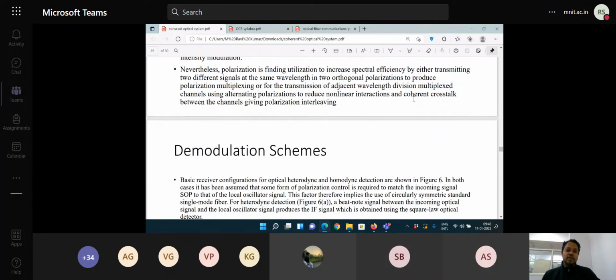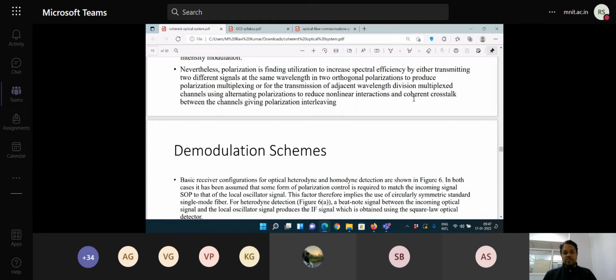But polarization is useful because it can be used to enhance the data transmission capability of the optical fiber. So this can be an added dimension which can be used, and if this can be implemented along with one of the standard transmission techniques, then the data transmission rate can be doubled.